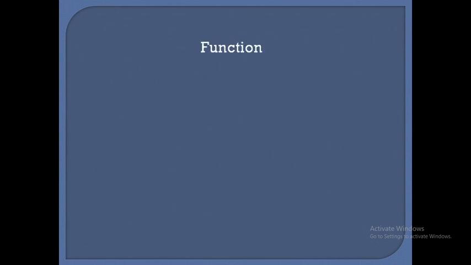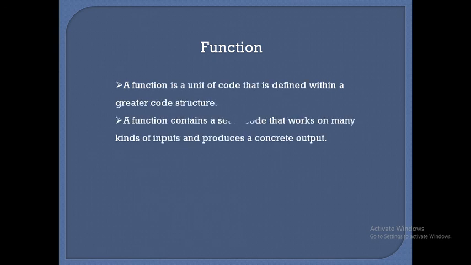A function is a unit of code that is defined within a greater code structure. And a function contains a set of code that works on many kinds of inputs, like variables and expressions, and produces a concrete output, that is, a solid output.